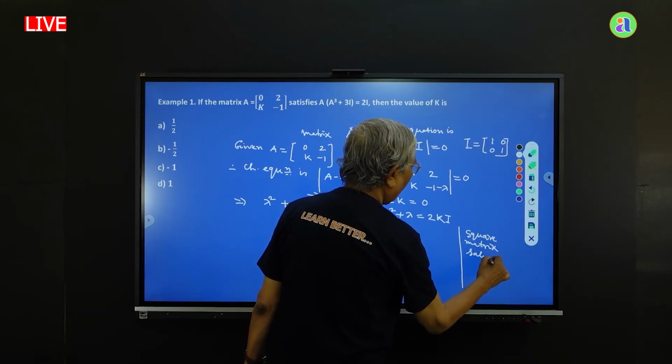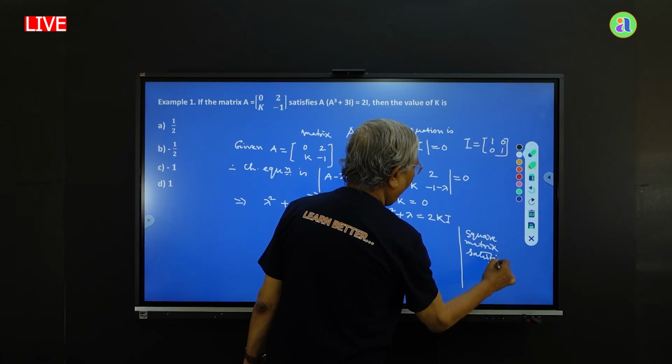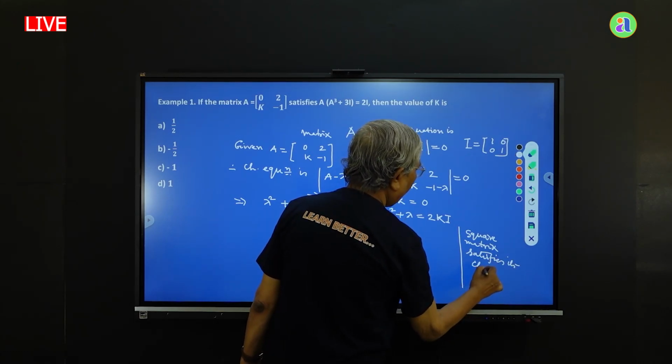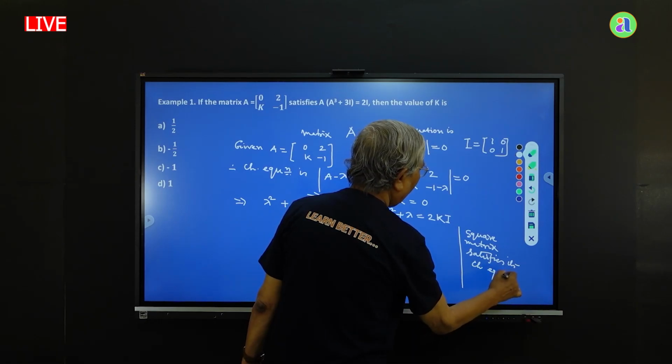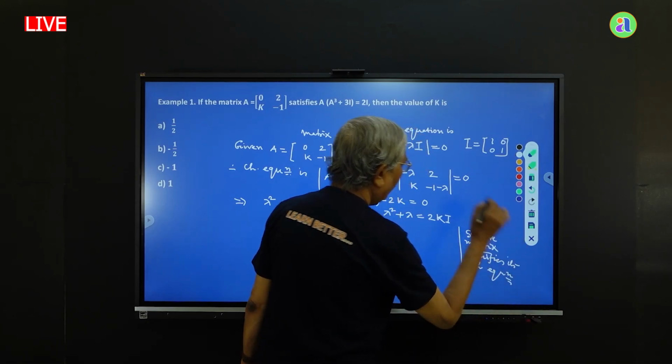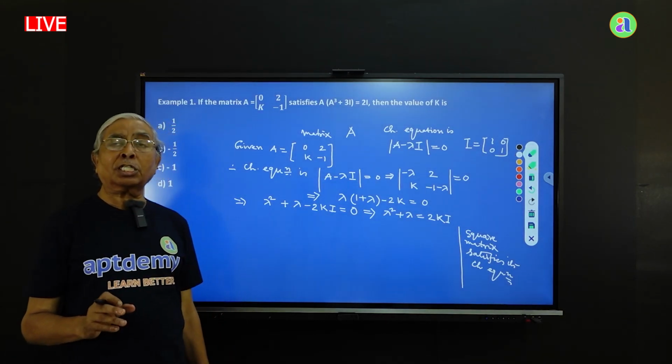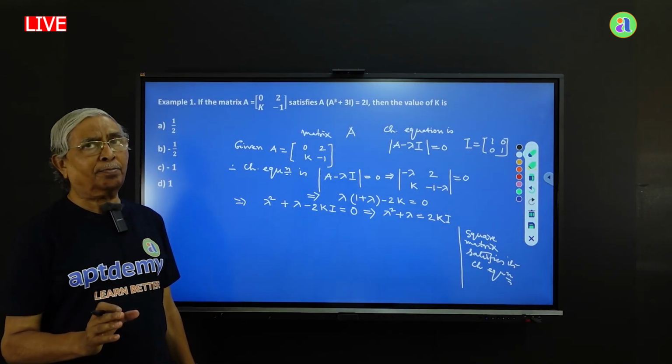Every square matrix satisfies its characteristic equation. This is our Cayley-Hamilton theorem.